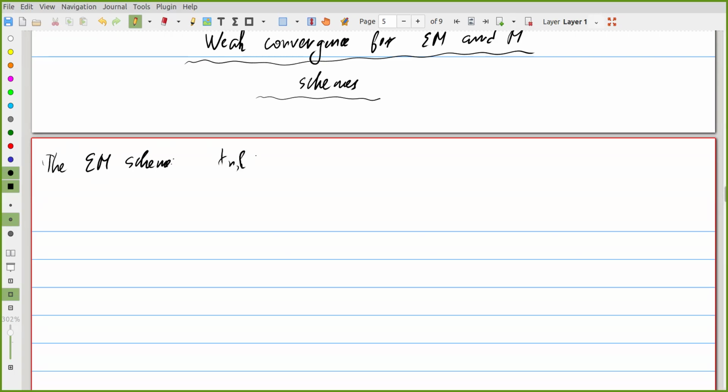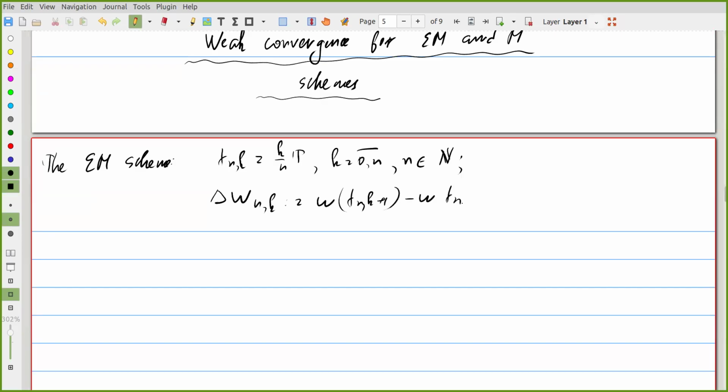I will need t_k = (k/n)T for k from 0 to n, where n is a natural number. Δw_k is just w_{t_{k+1}} minus w_{t_k}.